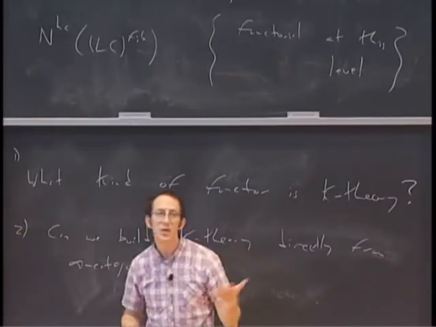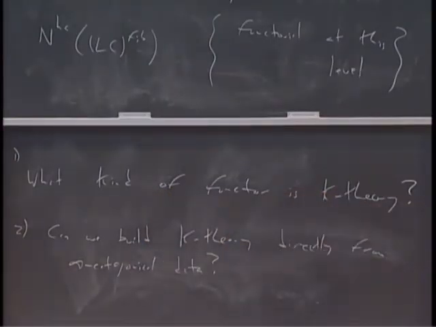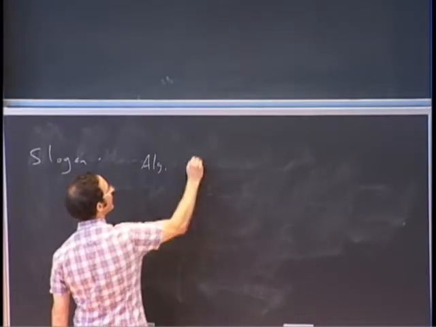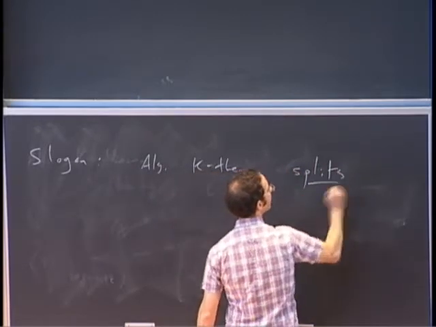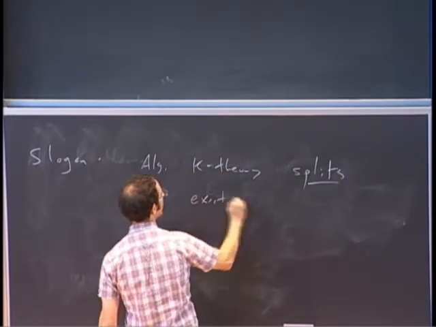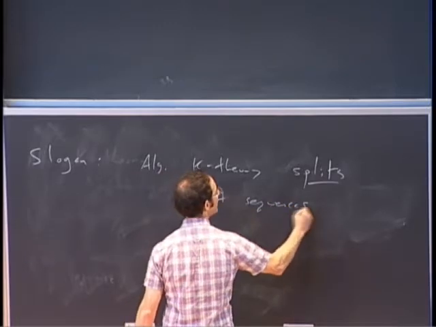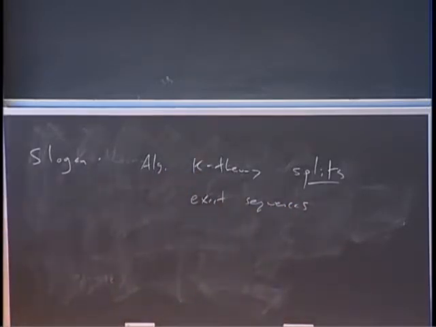What I said at the beginning is that algebraic K-theory is about encoding the homotopy theory of a presentation of an infinity category. But a better slogan for the second part of the talk is that algebraic K-theory splits exact sequences. And that's the salient property that we want to focus on at this juncture.